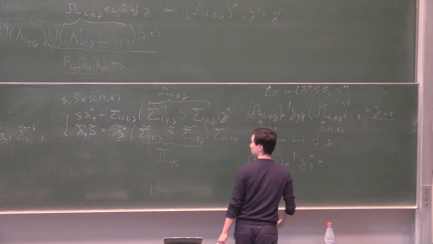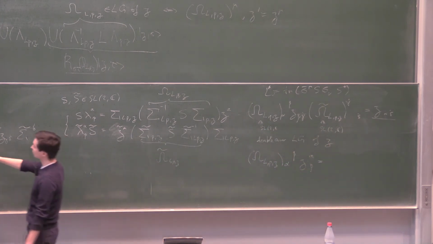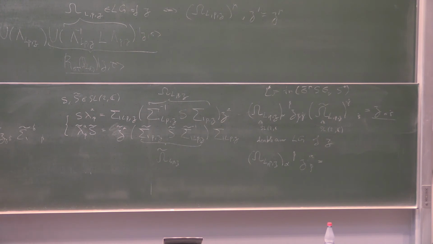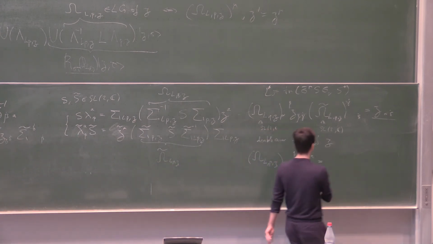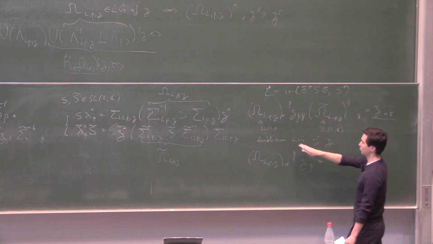Well, if it corresponds to the same momentum, maybe it's not exactly this, but maybe it's some other way of factoring them out, right? There's a redundancy in how I do that. But the point is that this redundancy has to be in a double cover.